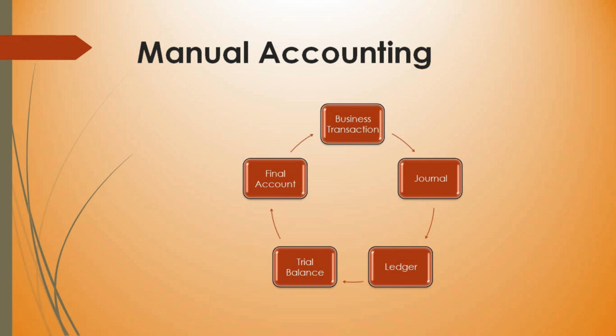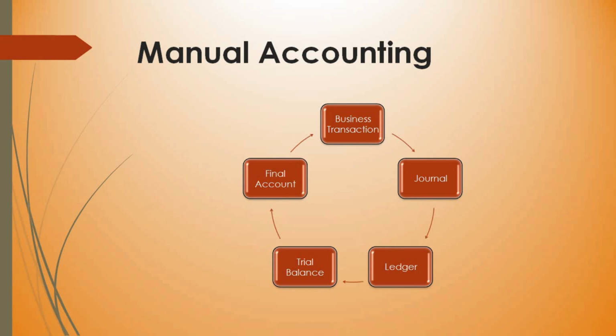We balance various ledger accounts to know the net effect of similar entries. From these balances, we prepare a statement called trial balance, which includes the debit and credit balances of ledger accounts to test the accuracy.